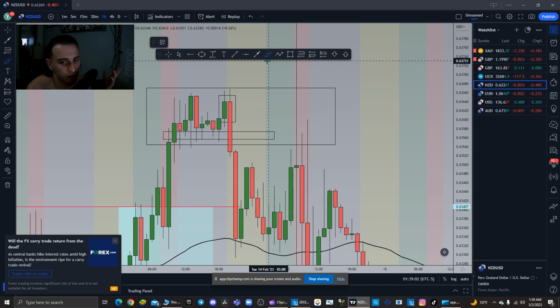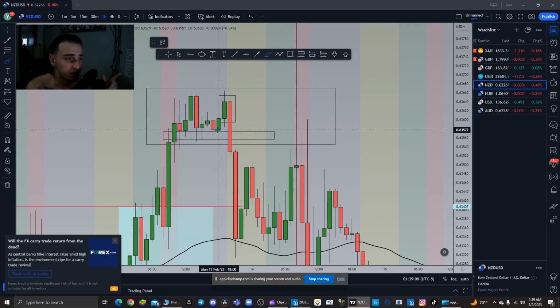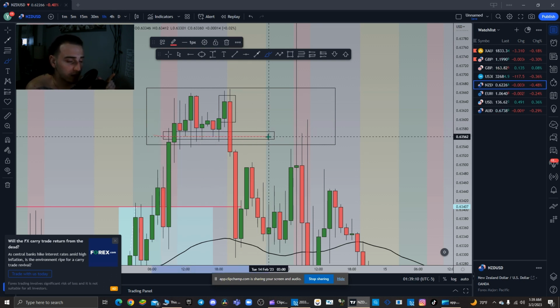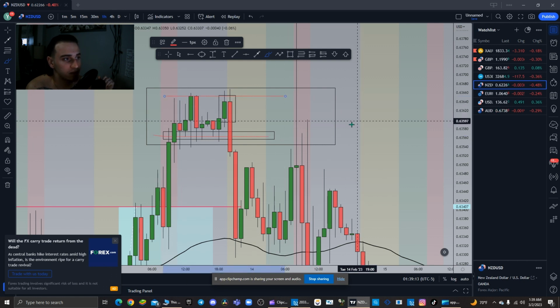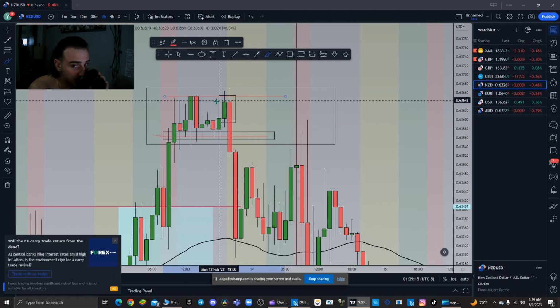So okay, it faked us out. So let's say we're gonna break support. How will you take a sell from this resistance? Because now it was our support right here, but now it made resistance. Since we couldn't break this new resistance we made, but we did break support, we're gonna be looking for sells.